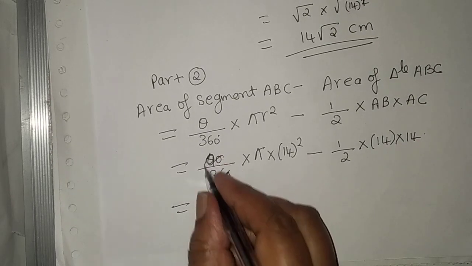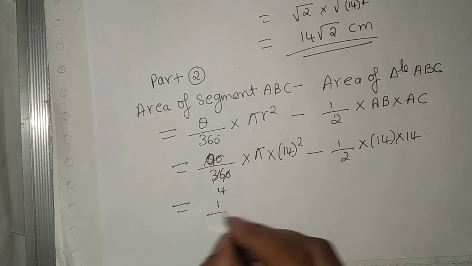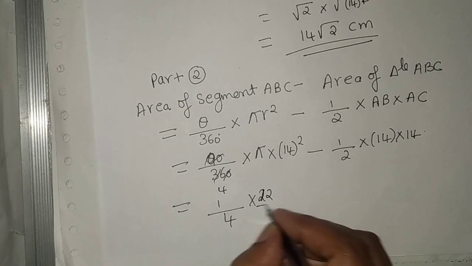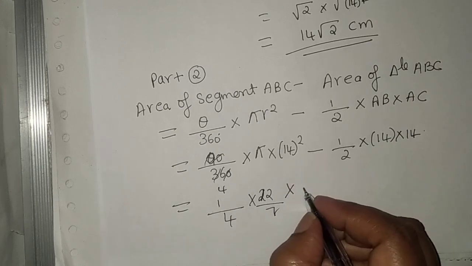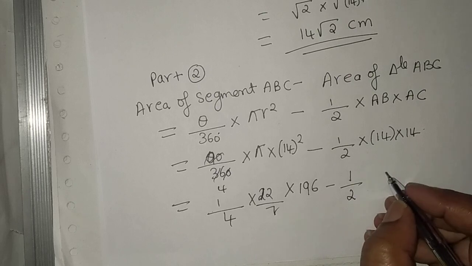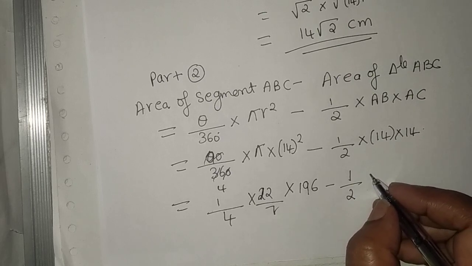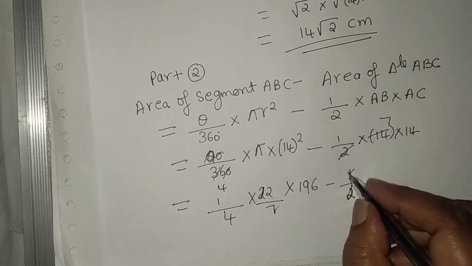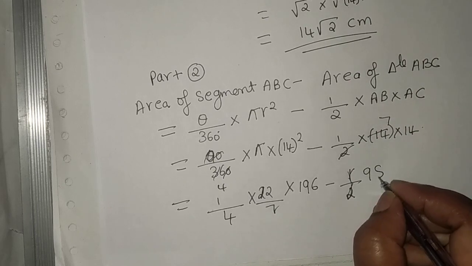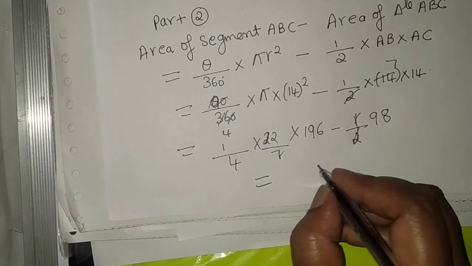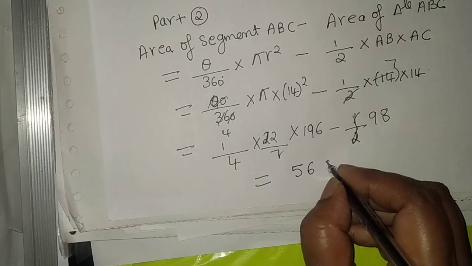Substituting this, 9 ones are 9, 9 fours are 36, we get 1 by 4 into pi, where pi is 22 by 7, into 14 into 14, that is 196, minus half into 14 into 14. 2 ones are 2, 2 sevens are 14, therefore 7 into 14 will become 98. So simplifying this, we get 56 square centimeters.